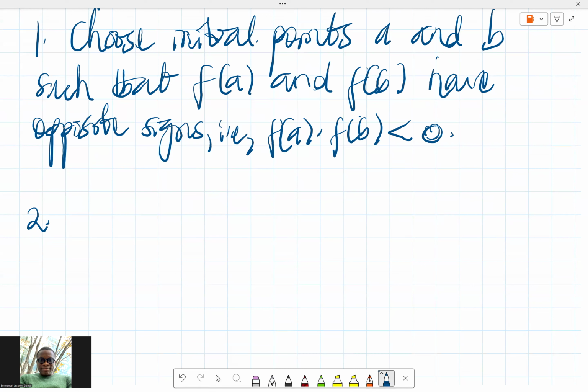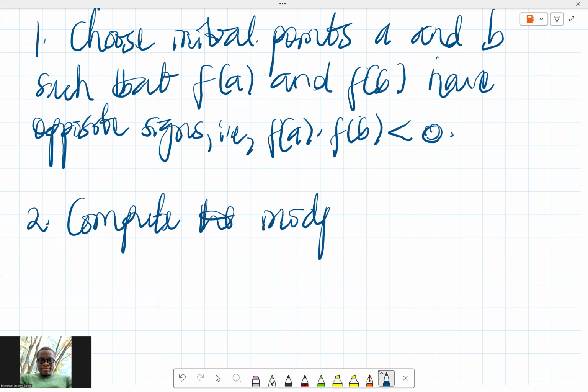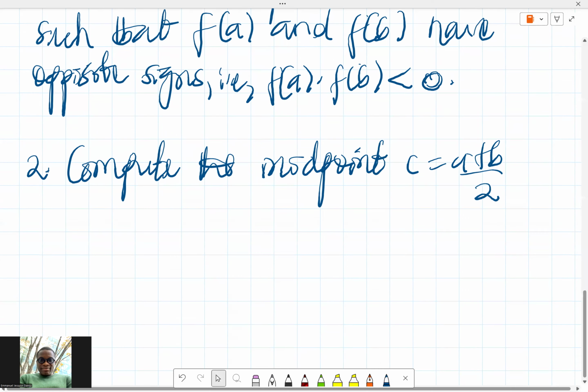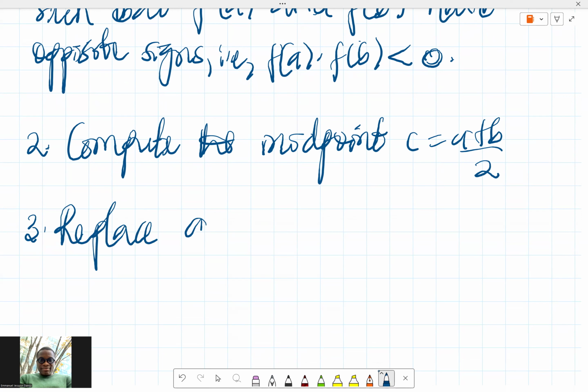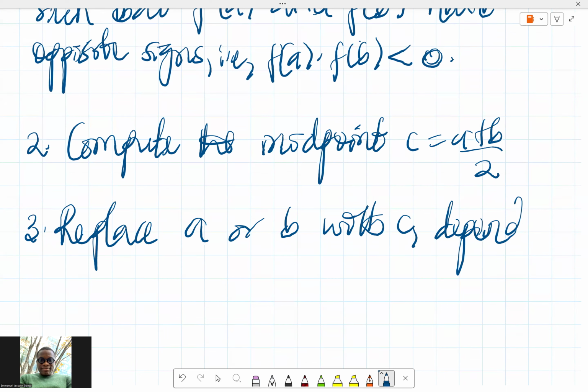Once you get those 2 points A and B, such that f of A multiplied by f of B is less than 0, the next thing is, since you're bracketing, you compute the midpoint C, which is equal to A plus B over 2. So you add the two together and divide by 2. Then the third step is to replace A or B with C, depending on where the sign changes.